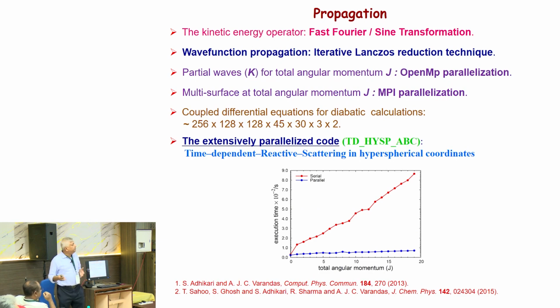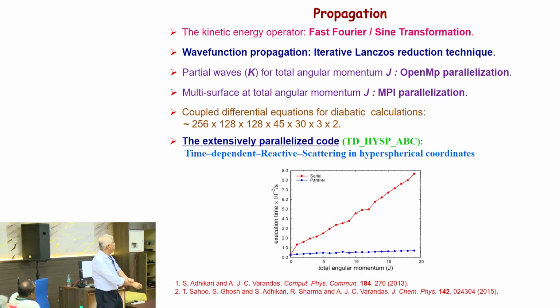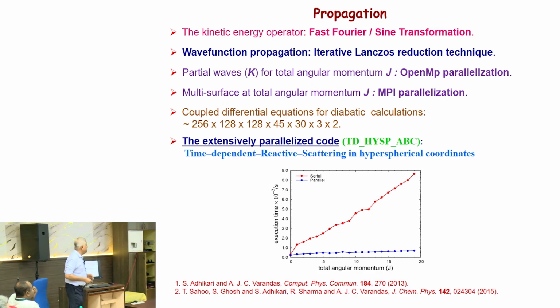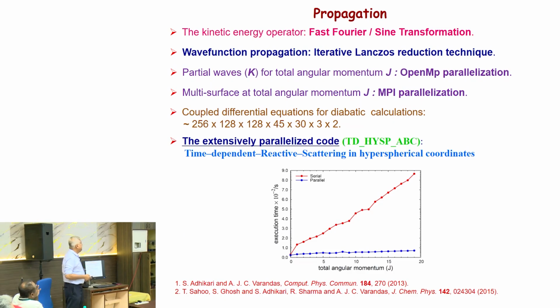This is another program we have that does a 4-dimensional quantum mechanical calculation for A plus BC kind of reaction, where all details are there: kinetic energy evolution, time propagation by Lanczos, and it is fully parallel; you can see how parallel it is with increasing total angular momentum.